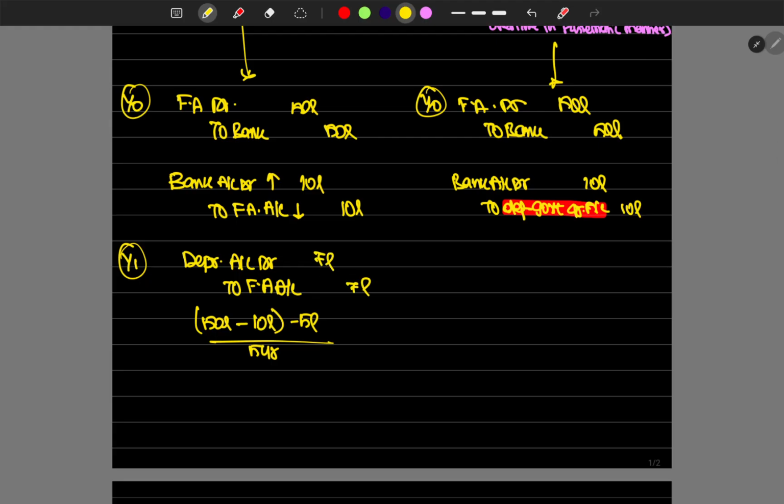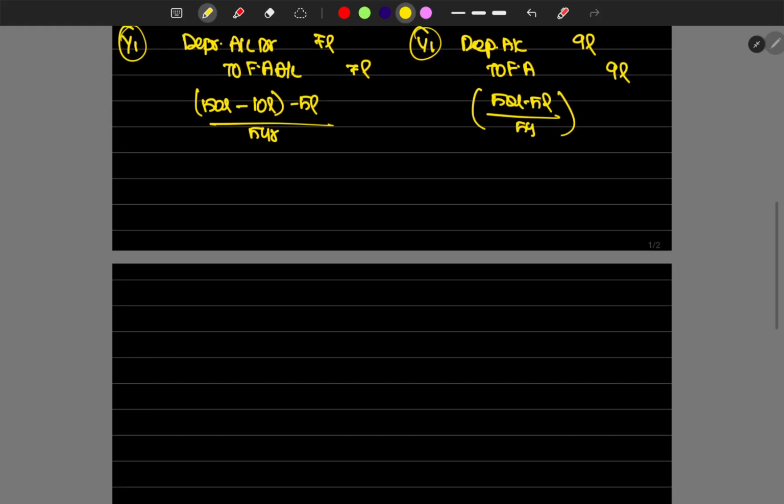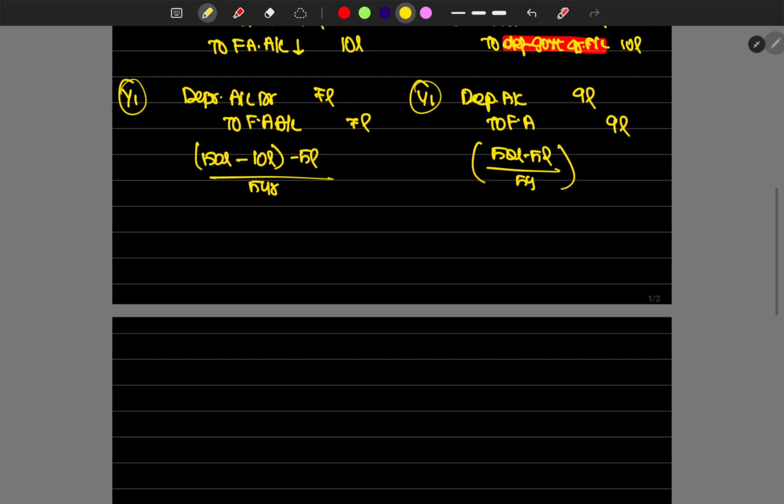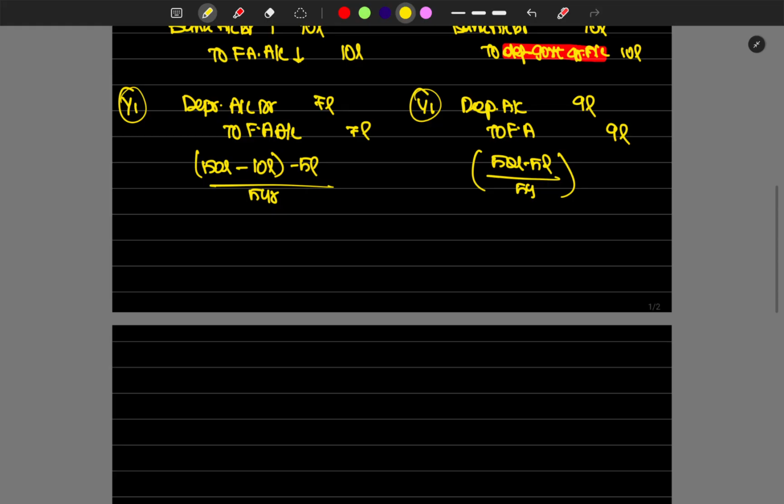7 lakhs is the depreciation, but here we haven't reduced the fixed asset value. So what would be the depreciation here? 50 lakh minus 5 lakh residual value, for 5 years, so it would be 9 lakhs. Since we are assuming the straight line method, this would be the depreciation for subsequent years. They ask for 2 years, so we'll do it for 2 years.